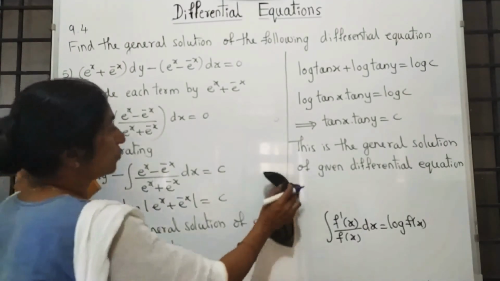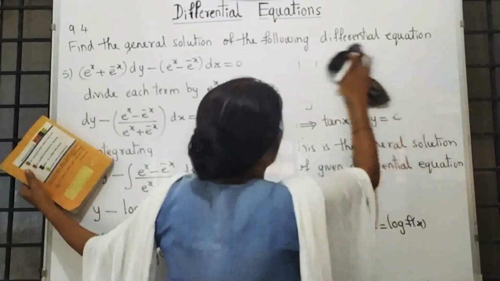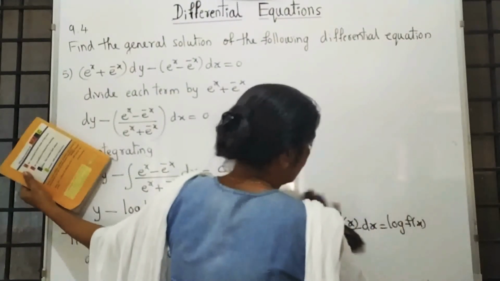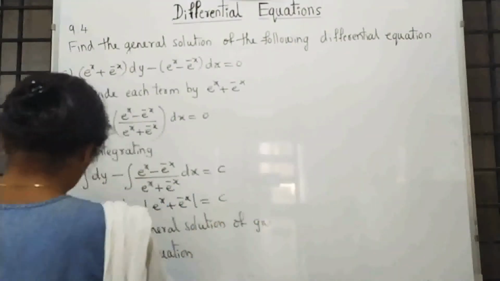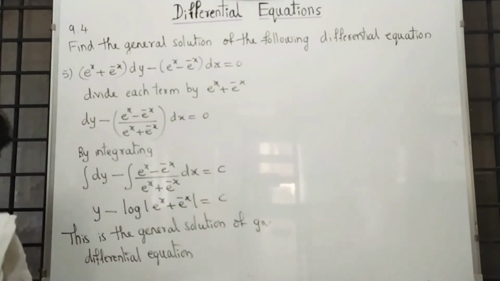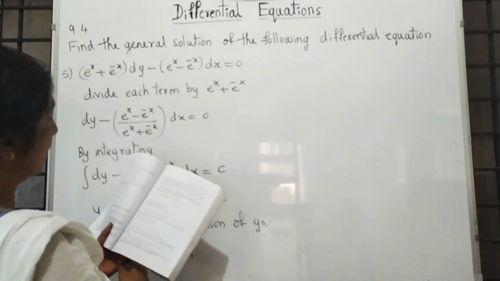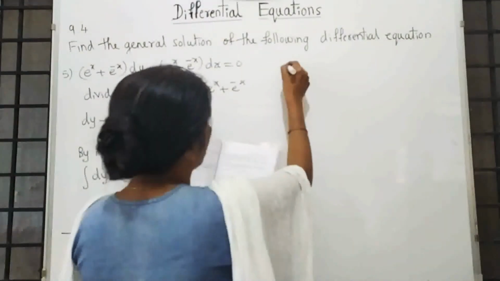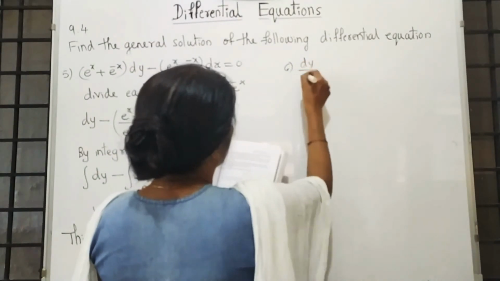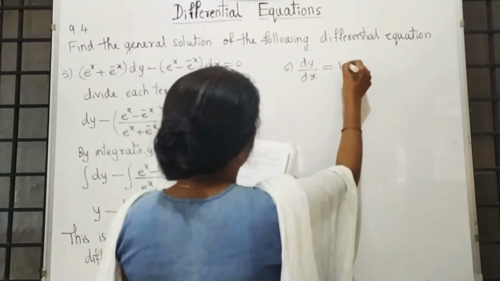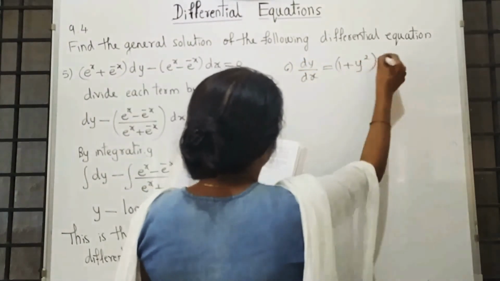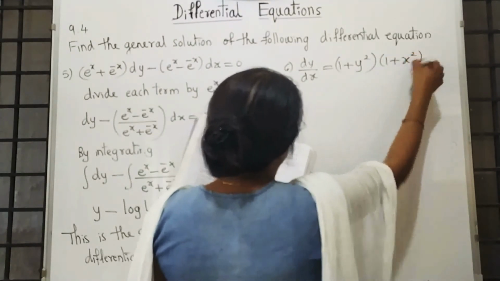Moving to the next question, that is the sixth question. The questions are very simple. Dy upon dx is equal to (1 plus y square) into (1 plus x square).